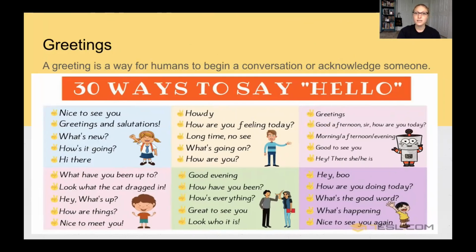So this is a good little tip and trick to use these different 30 ways to say hello and different ways to be asking somebody how they are. It's very good to be able to have a bunch of different ways to do those things while you're having a verbal conversation with another person, or text, email, however you prefer to communicate.